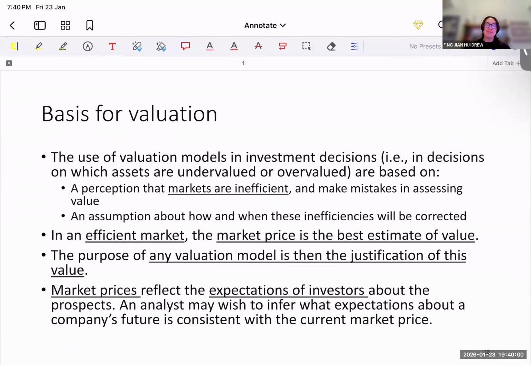So the idea is that because there is some inefficiency in the markets, we are now able to do some level of valuation to determine an undervalued stock and make some abnormal returns on our investment, right? So the idea of valuation really is premised on the market being inefficient.